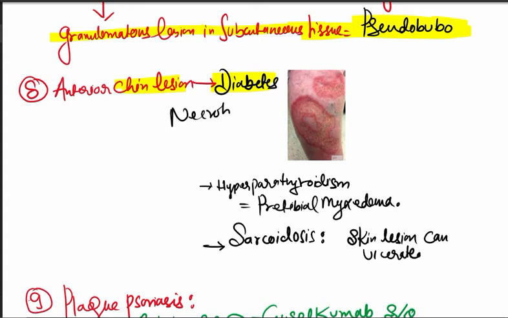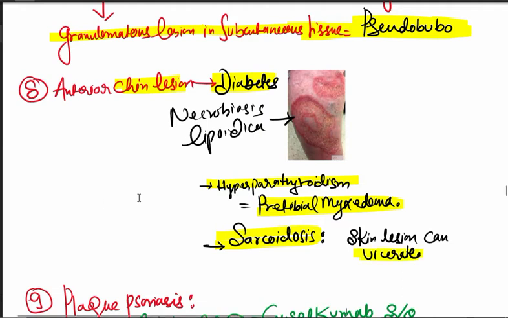Some other anterior shin lesions can be seen in hyperthyroidism, that is called pretibial myxedema. Sarcoidosis can also cause an anterior shin lesion that can ulcerate.